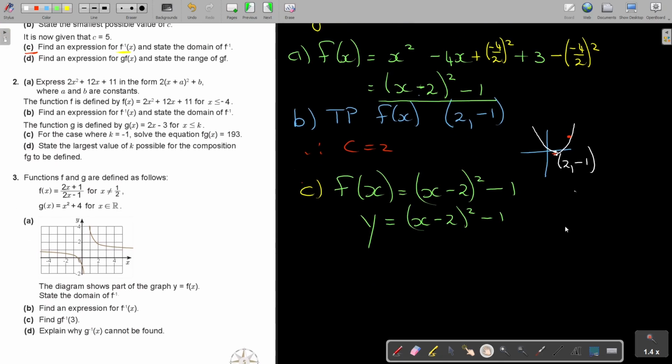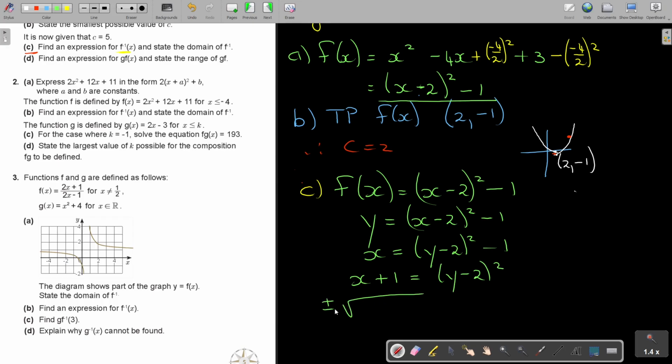And now I'm just going to make the y an x, and the x a y. Then x plus 1 equals (y minus 2) squared. Then plus minus the square root of x plus 1 equals y minus 2.